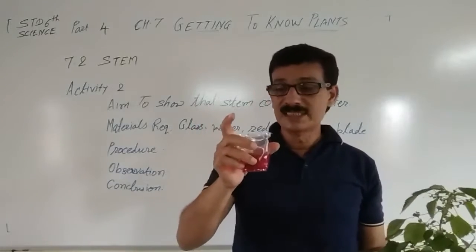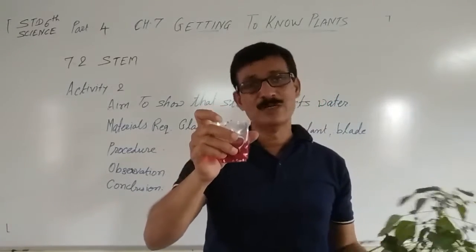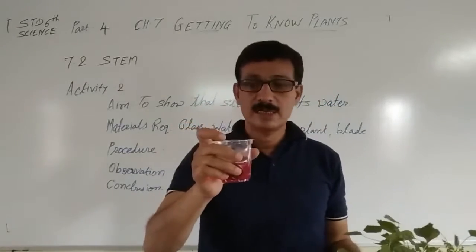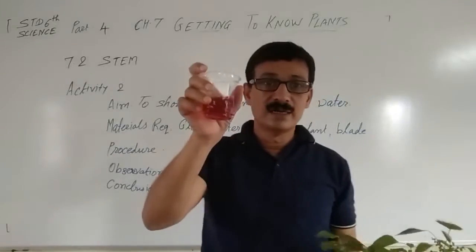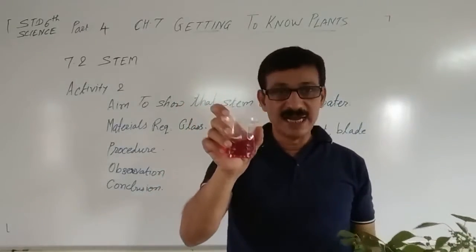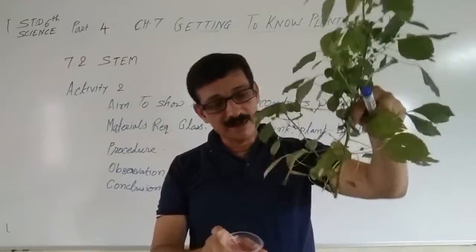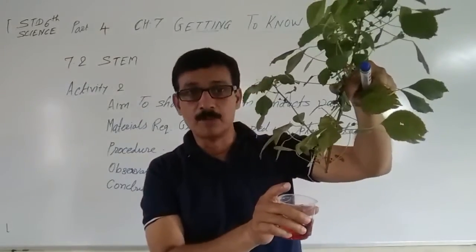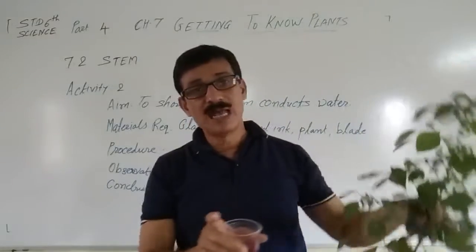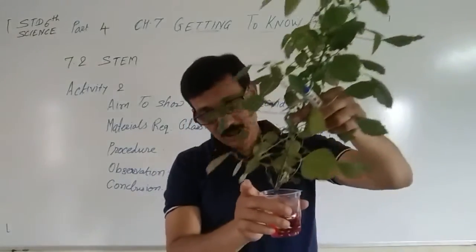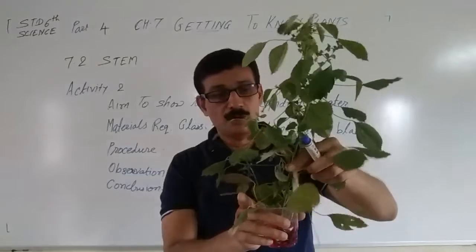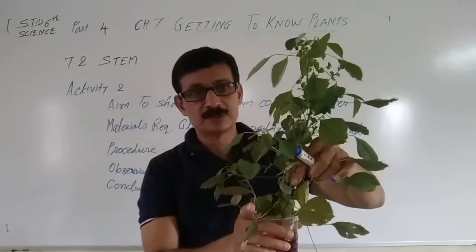The requirements are a glass, plastic or glass, that cup will do, then water, red ink and a plant. Cut the plant from the base of the stem. Now put this plant into this water for at least 24 hours.